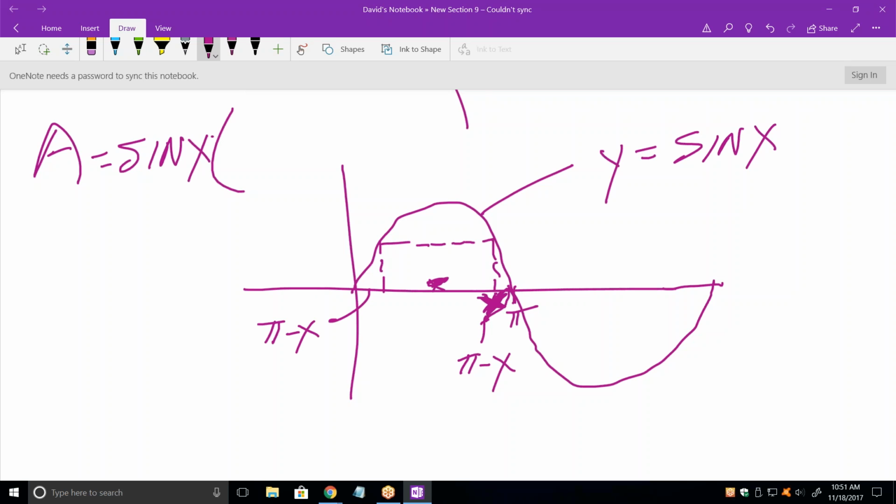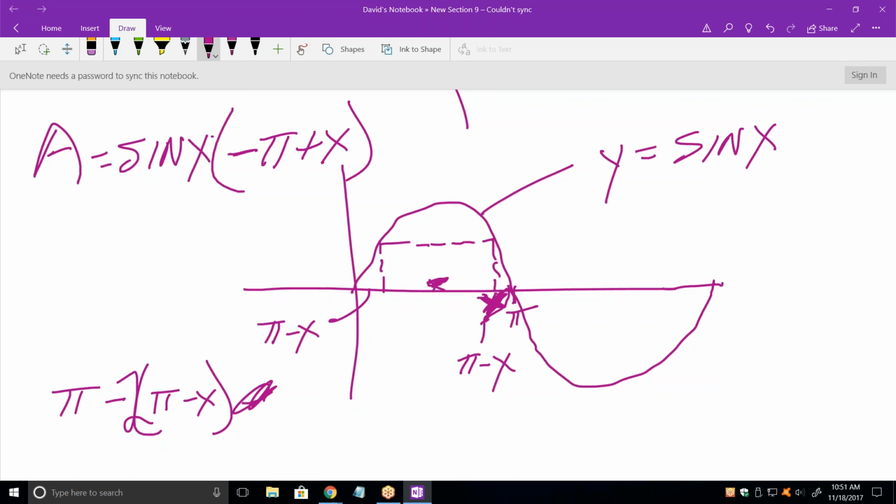So now the base of the rectangle is pi minus those two little endpoints. Minus that pi minus x and minus 2 up. Okay, and that gives me minus pi plus x, I think, as the base of the rectangle.